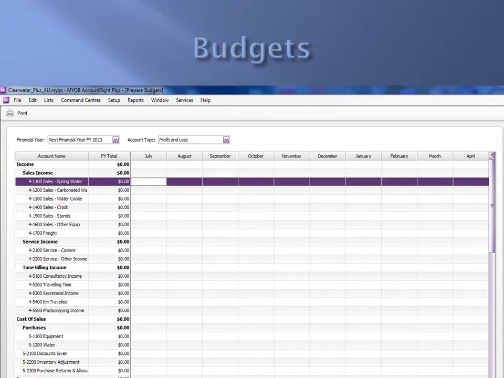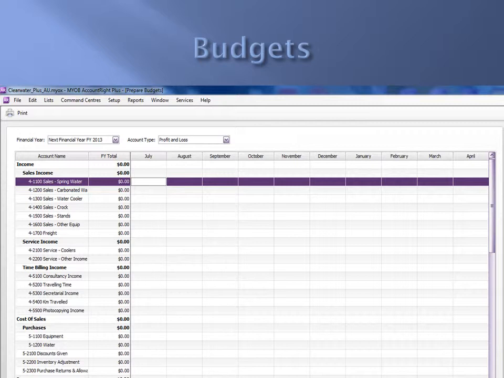Budgets. I haven't come across anyone in my bookkeeping career using MYOB or even QuickBooks who makes out a budget. The facility is there, the facility should be used. This is a great management tool, and I really would like to see people using these. If you have problems with this, just give us a ring and we can show you how this is done, or email me.